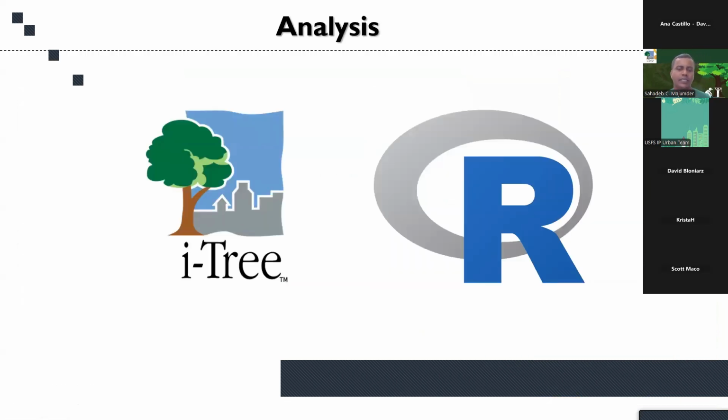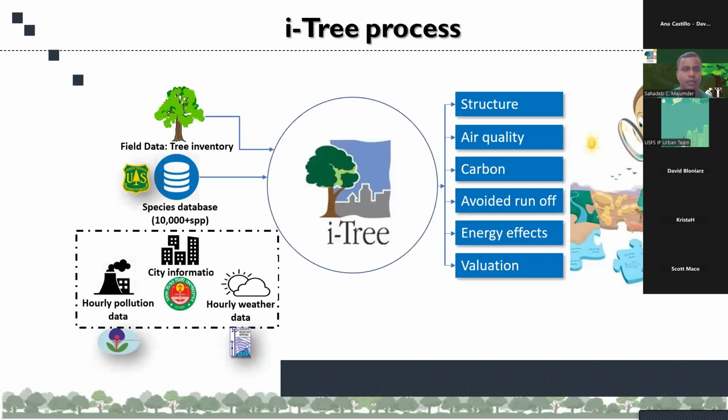For analysis, mostly we use the i-Tree for analysis, and in addition we use R scripting for additional analysis, especially in the QA QC part, and some additional analysis I will talk about later.